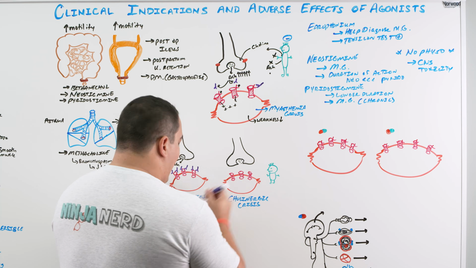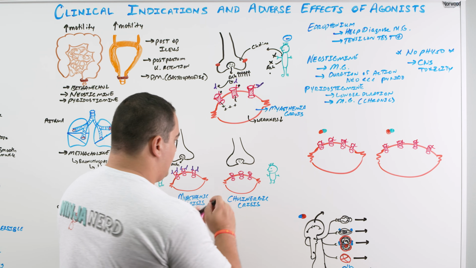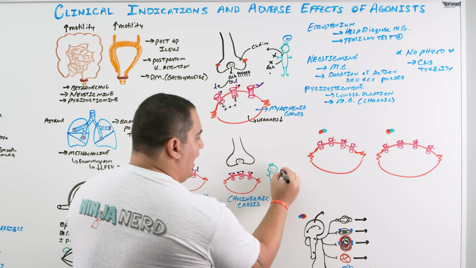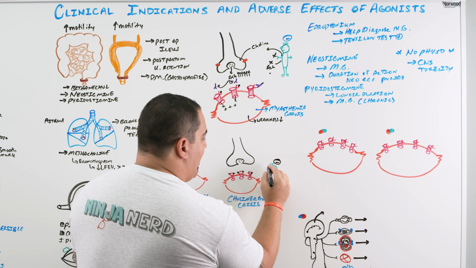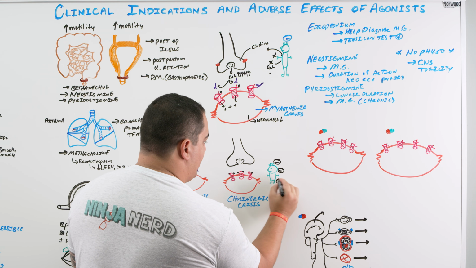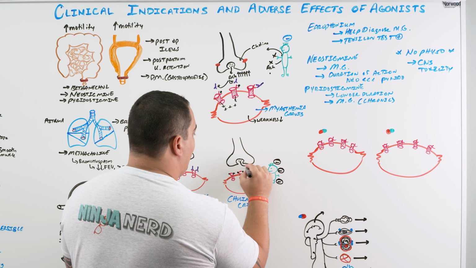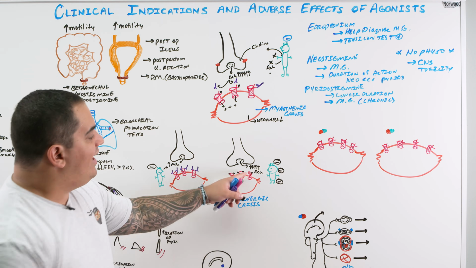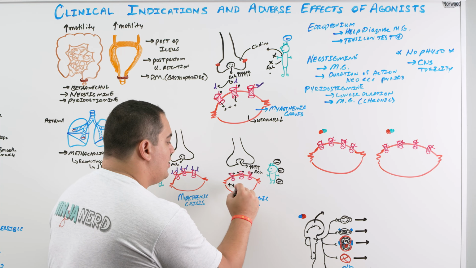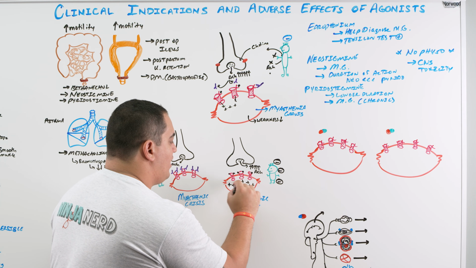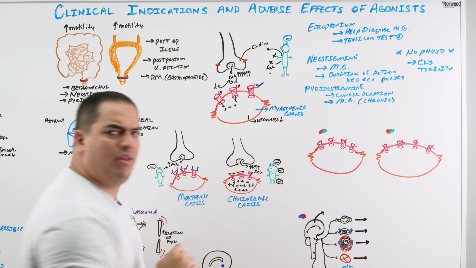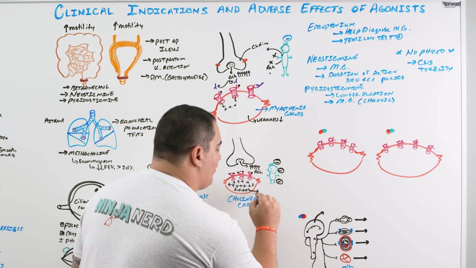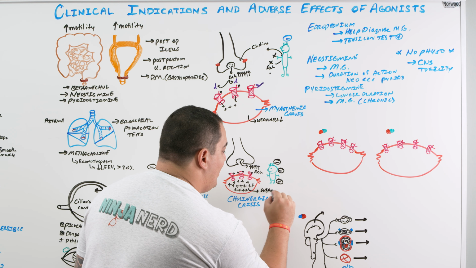Maybe I've given a dose of pyridostigmine that is really, really inhibiting this particular enzyme, where the acetylcholine levels are through the roof. And they are causing so much stimulation of this muscle that, too much of one thing is always not a good thing, excessive stimulation of the muscle will lead to weakness.